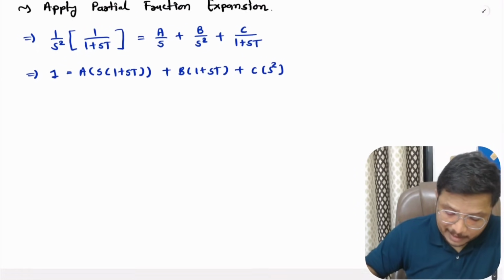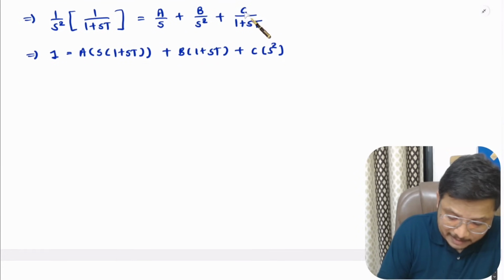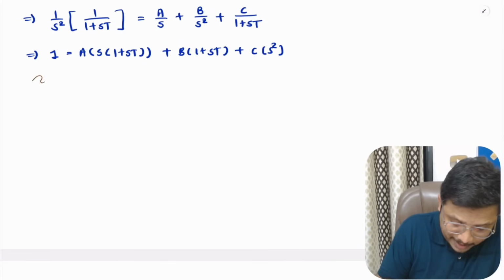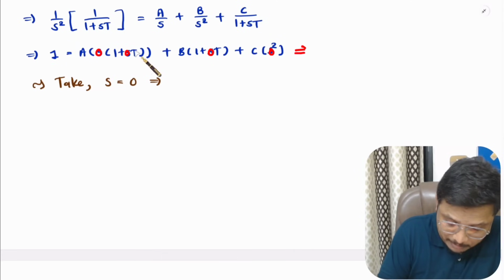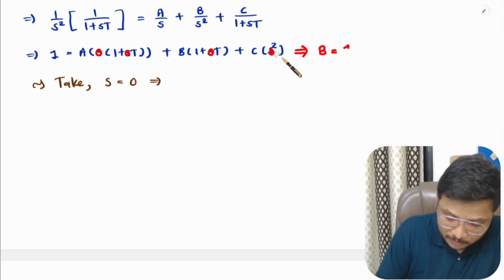Now to identify the constants A, B and C, we need to take values of S. Let us take S equal to 0. In that case this term is 0 and this term is 0. B into 1 plus 0 is equal to 1, which means B is equal to 1.